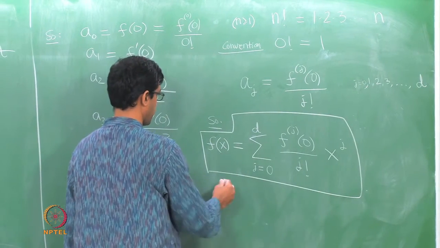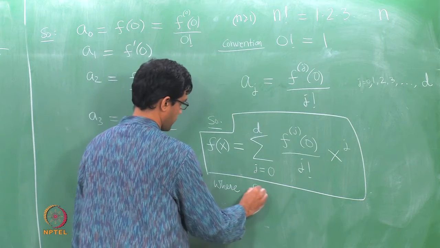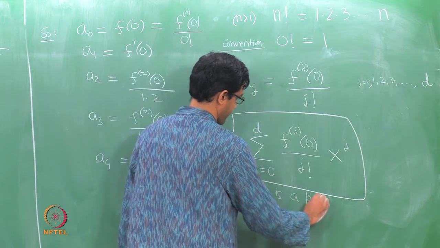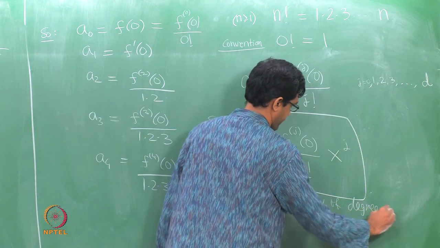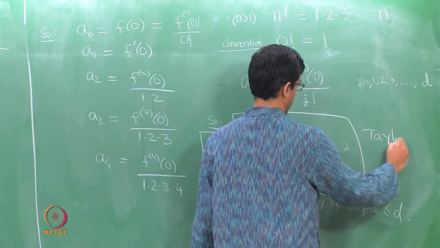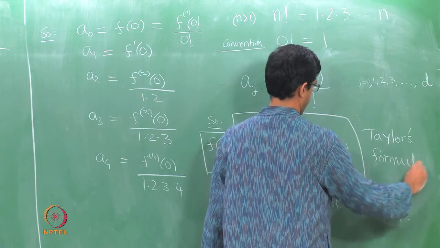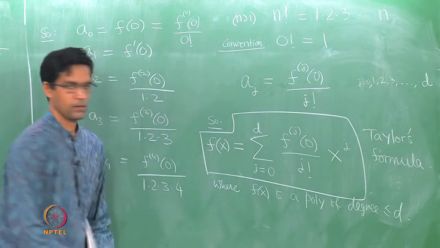So, this is for where f is a polynomial of degree at most d. And this is what is called Taylor's formula. Right.